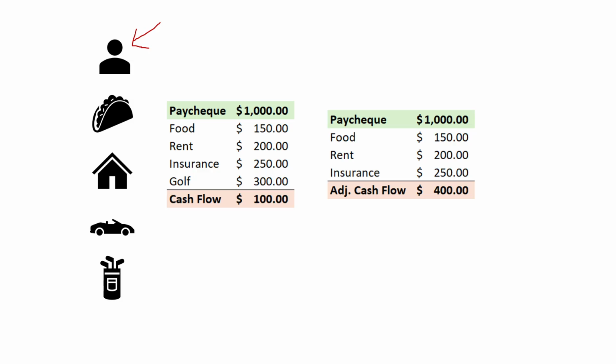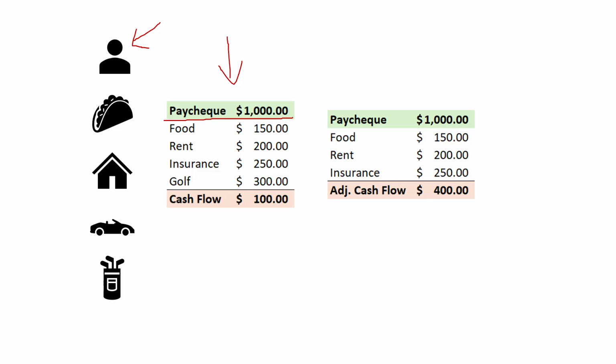Okay, so let's think about us. On the left side here, this is where I'm looking. Let's call EBITDA for ourselves just cash flow. Because EBITDA is just an acronym, it doesn't mean anything. So we're just going to assume that EBITDA is cash flow, but we're going to think about it from our perspective. So once you get a paycheck, you have to deduct certain things that are necessary for you to live.